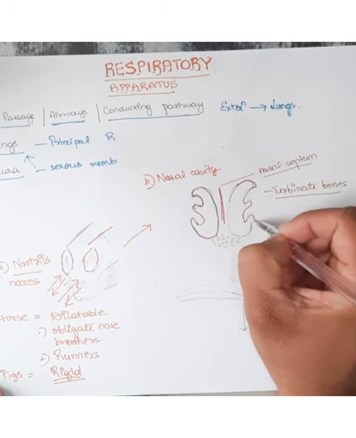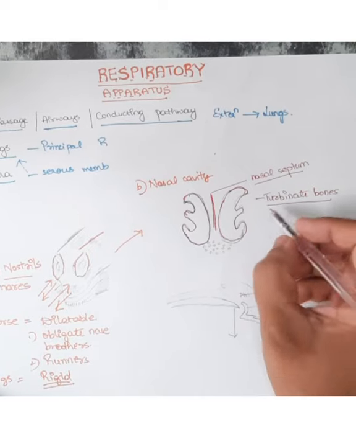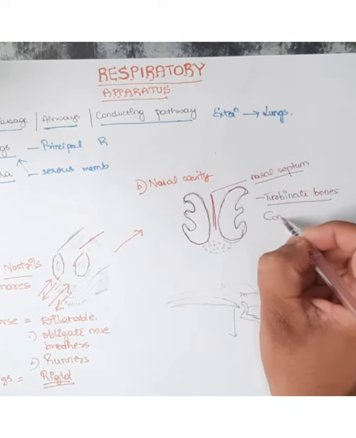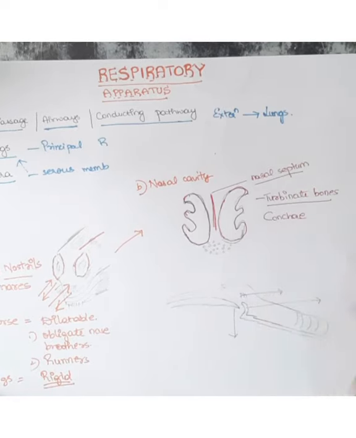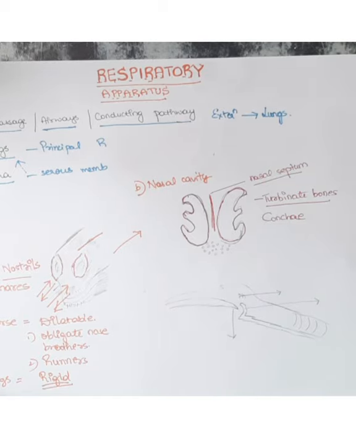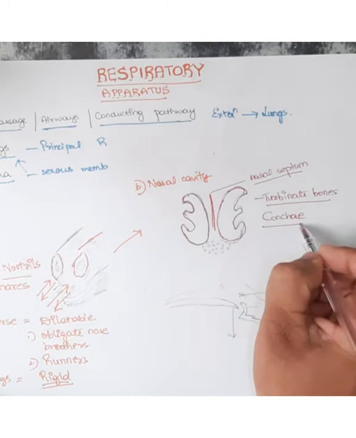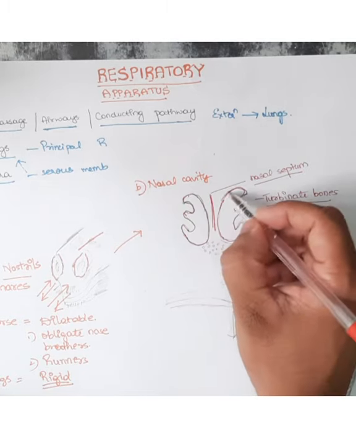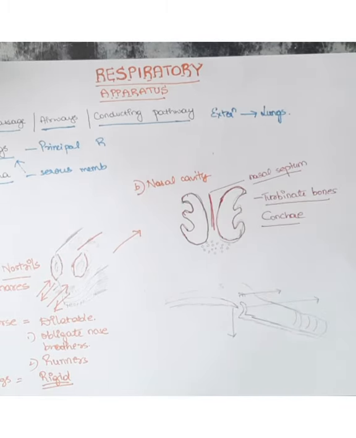So you do have the turbinate bones here. It is also called the concha. This is mucus covered and it has a very rich blood supply.